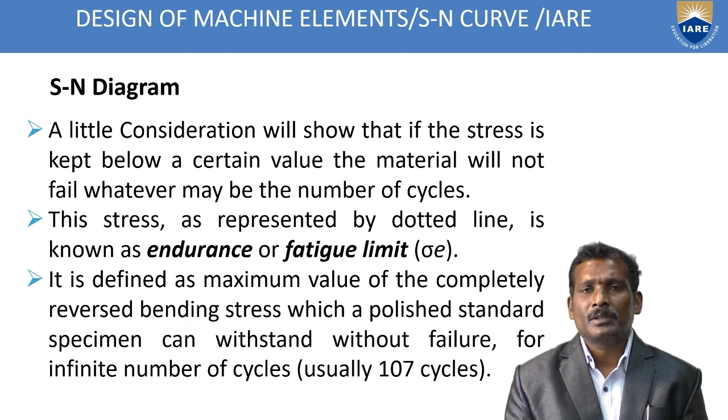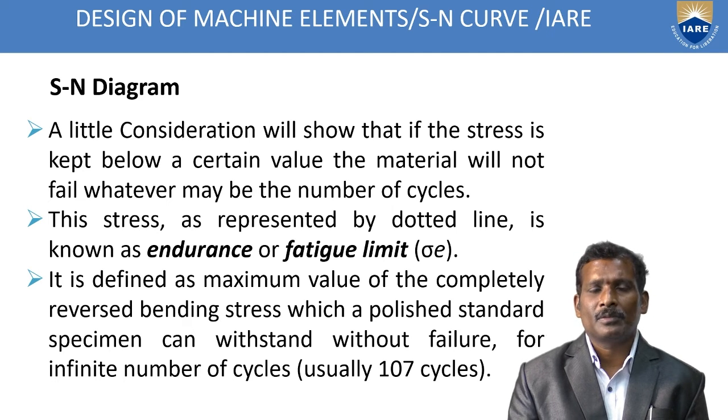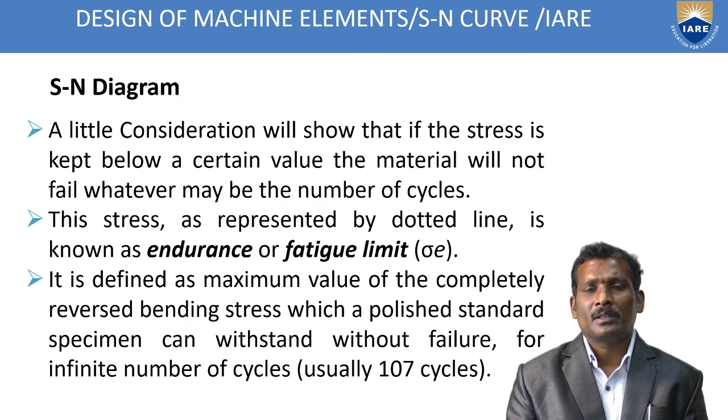The SN diagram represents the stress value and number of cycles to failure on a log paper. A little concentration will show that if the stress is kept below a certain value, the material will not fail, whatever may be the number of cycles. Clear?